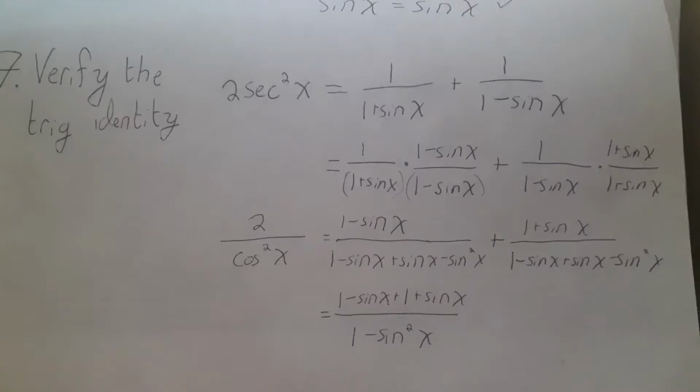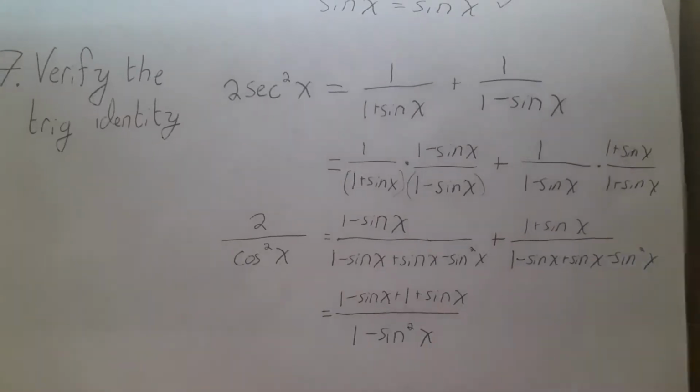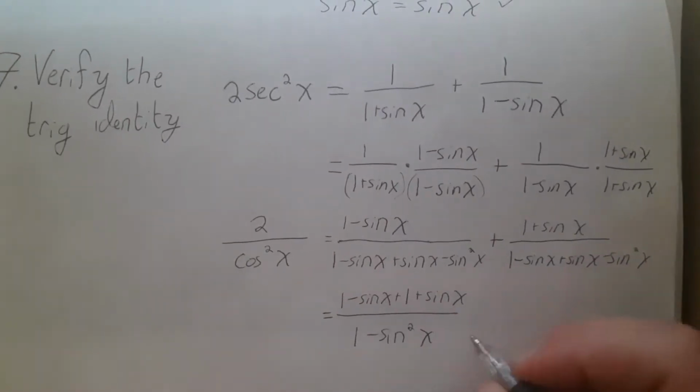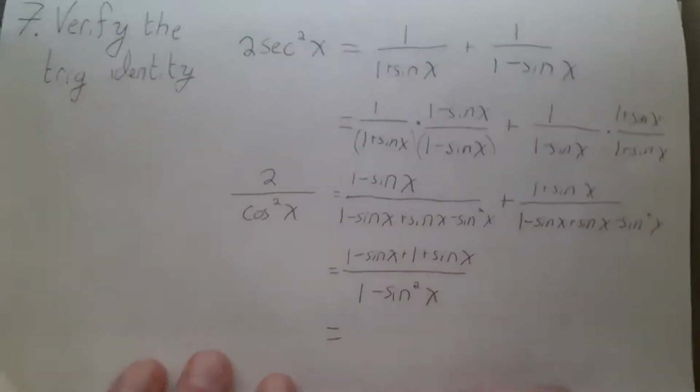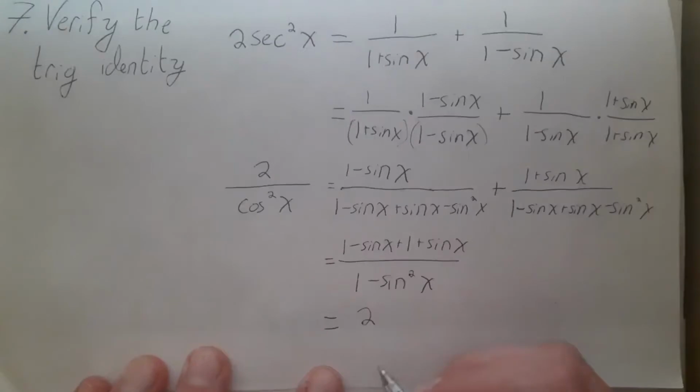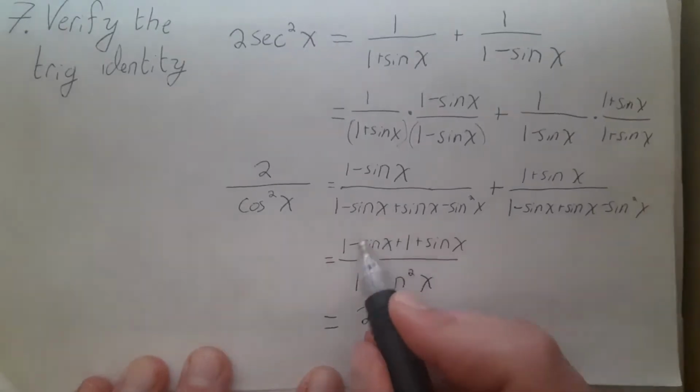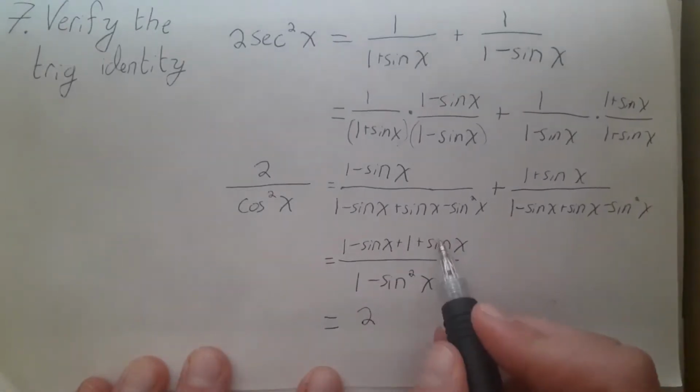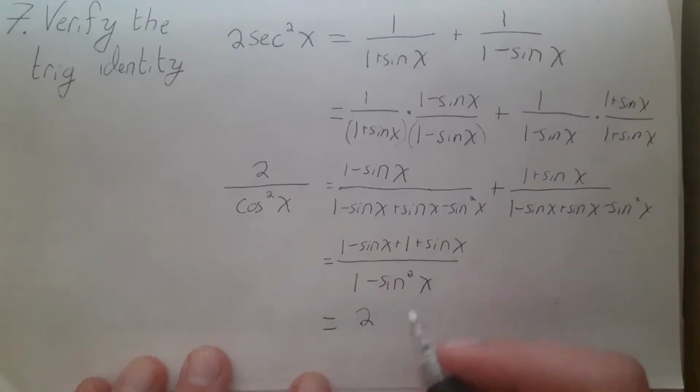This can be simplified again on the top to equal just 2, because the negative sine x and the positive sine x will cancel each other out.